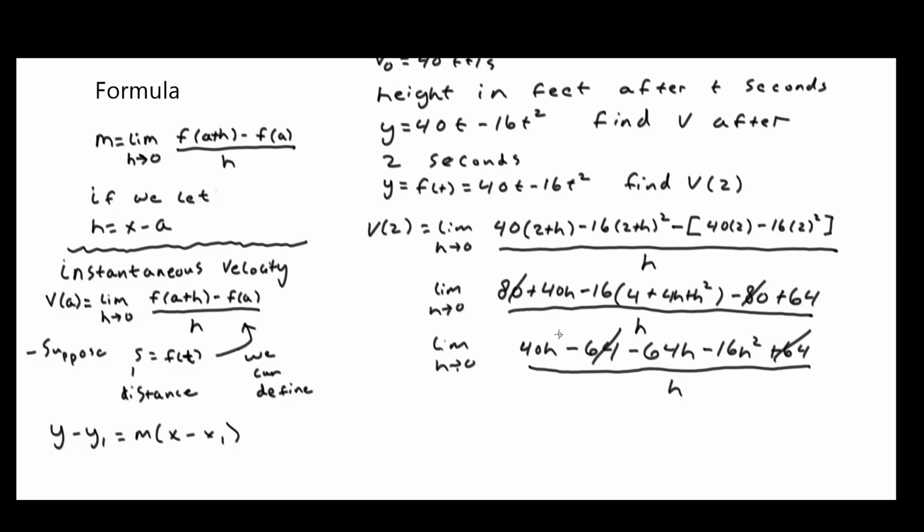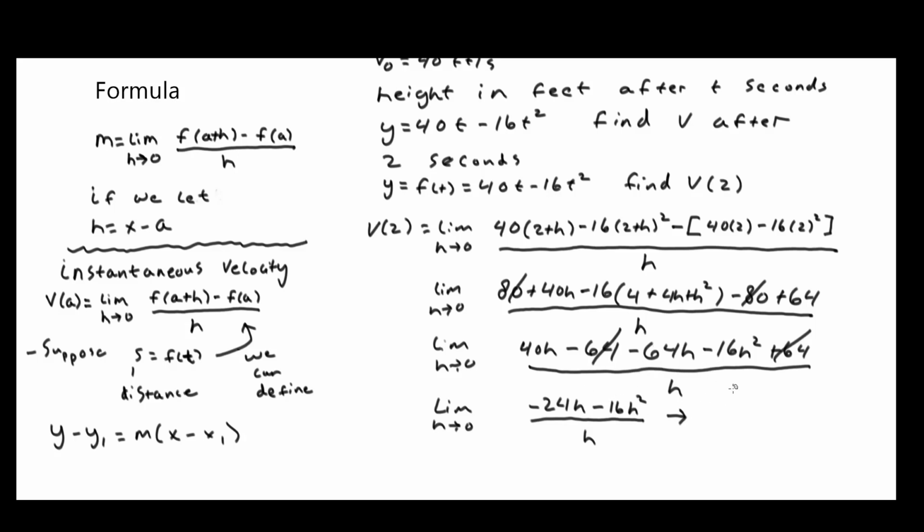And then you can see this is starting to clean up a little bit. And then we subtract this negative 64 from 40. So that gives us a negative 24h minus 16h squared over h.